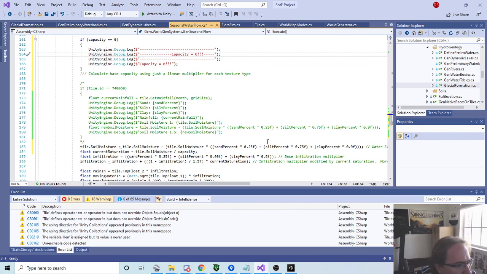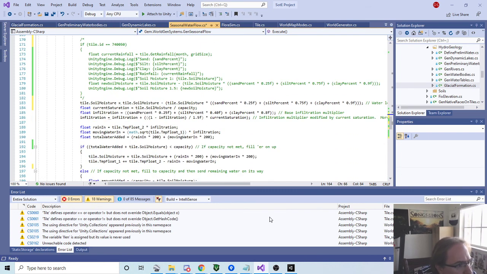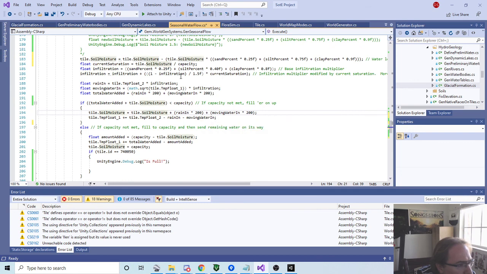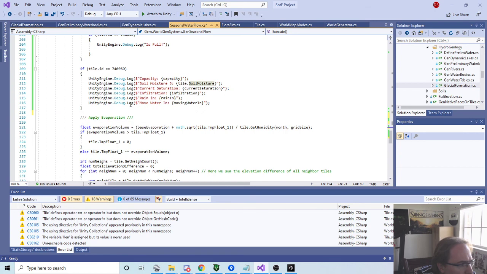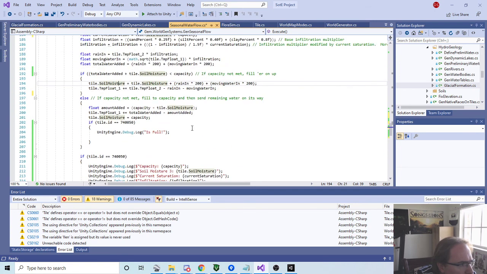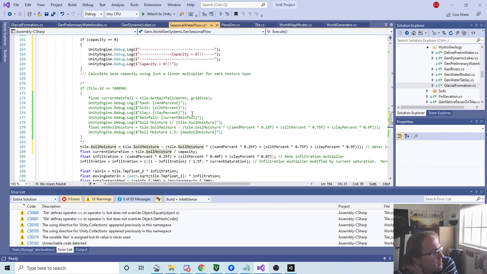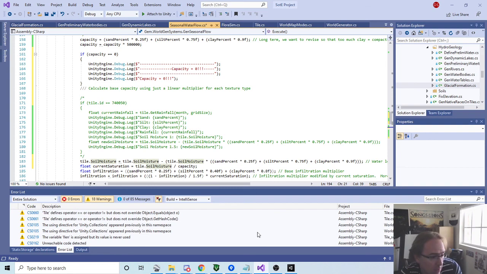Alright, what other variables can conceivably be divided by 0? Let's look for every time we divide something. Which apparently is almost never. And there's literally nothing we can divide by 0 other than capacity. So I guess let's check.